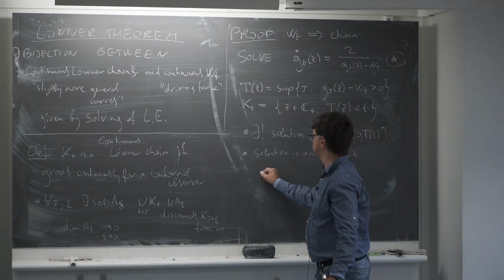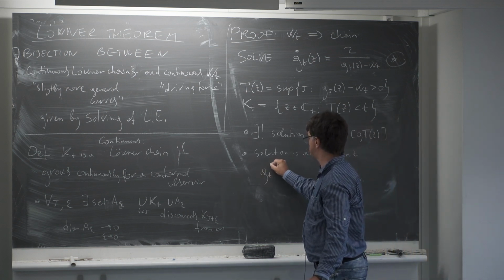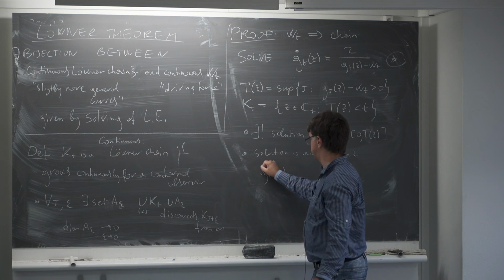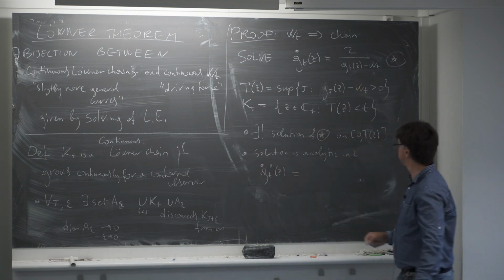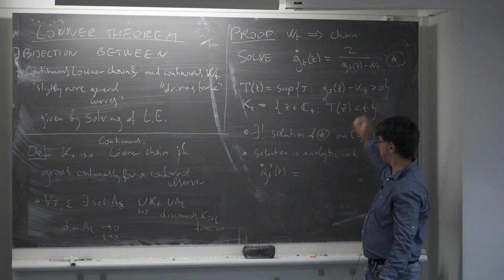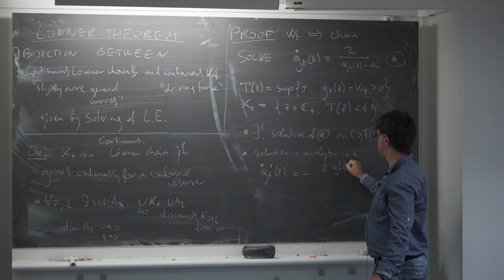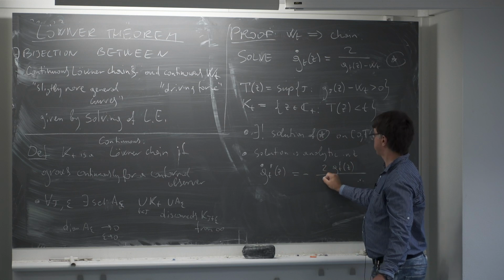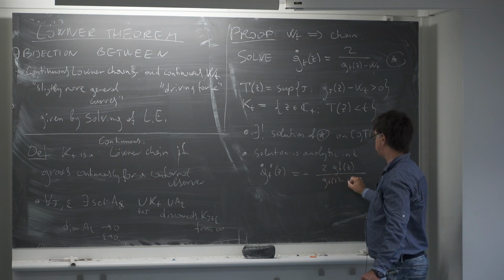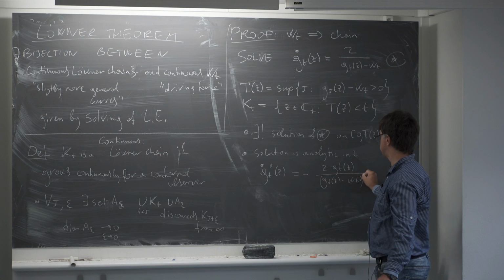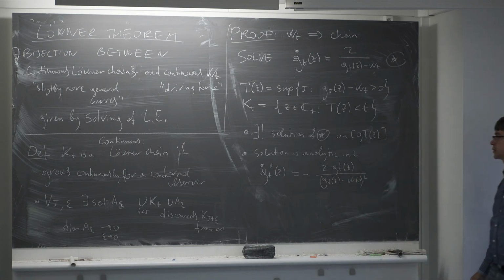You can just take the derivative with respect to z, the complex derivative. You can differentiate the right-hand side, so it's a fraction, so minus 2 g_t prime of z over (g_t of z minus w_t) squared. So there is a complex derivative which you obtain by solving this equation.